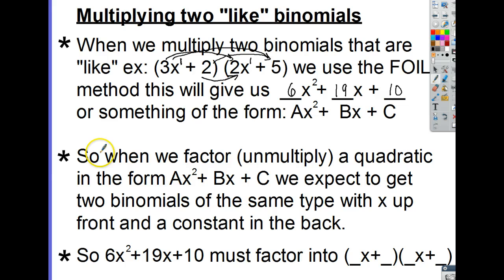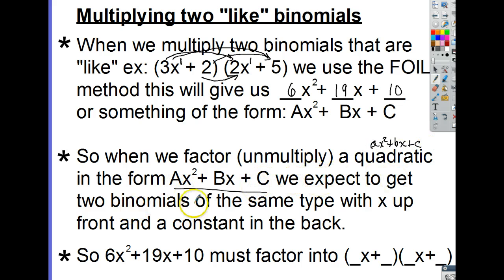All right, now, if that's how we multiply two binomials of like binomials, then when we factor or unmultiply a quadratic, y equals ax squared plus bx plus c, we're just talking about things of the form ax squared plus bx plus c. I just wrote that right here.